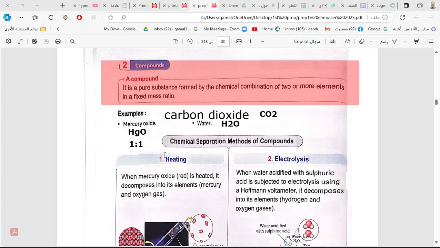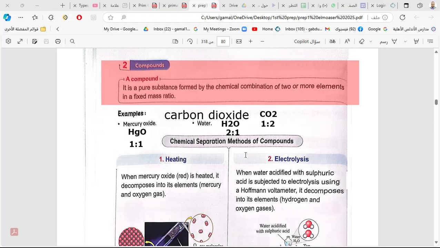Carbon dioxide, what is the ratio between carbon and oxygen? 1 to 2. And water, what is the ratio of hydrogen to oxygen? 2 to 1.